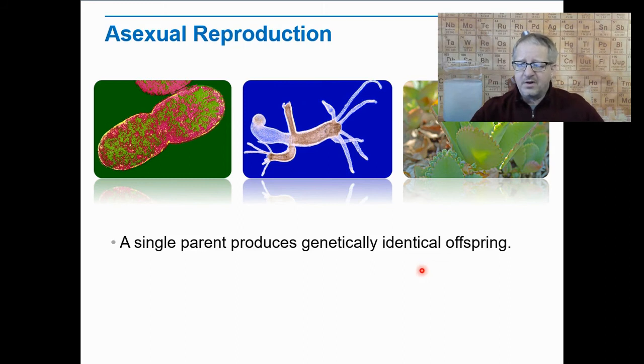So here we have a couple of interesting images. We have a Kalanchoe and we have a Hydra. Both of these organisms are reproducing asexually.